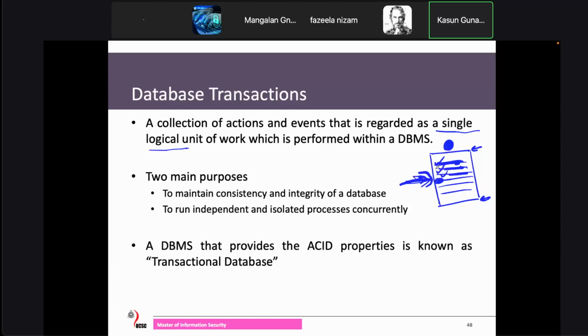So to provide isolation between programs accessing a database concurrently, that is the second purpose. If this isolation is not provided, the program's outcomes are possibly erroneous because another transaction which is running parallelly might be referring to or using intermediate results, right?